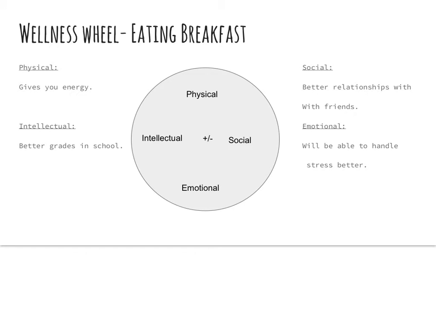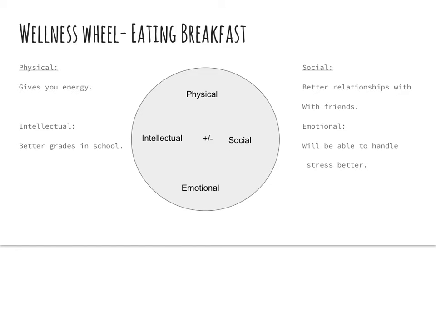Okay, here's my wellness wheel. I chose to use the example of eating breakfast. Here we have a positive habit. I'm going to demonstrate and talk a little bit about how it is going to affect every aspect of health in my wellness wheel. Obviously, it's going to have a positive impact, so my wellness wheel is going to stay whole, and it's going to continue moving and working properly.